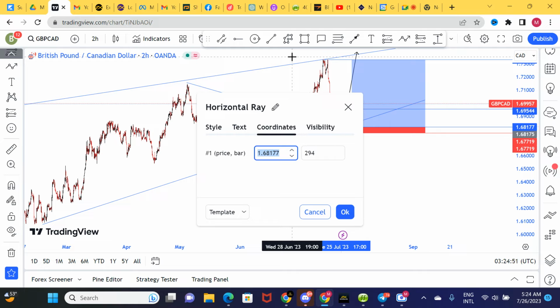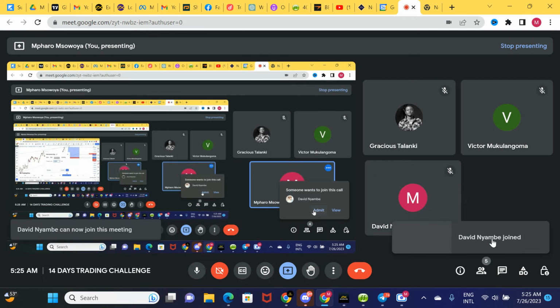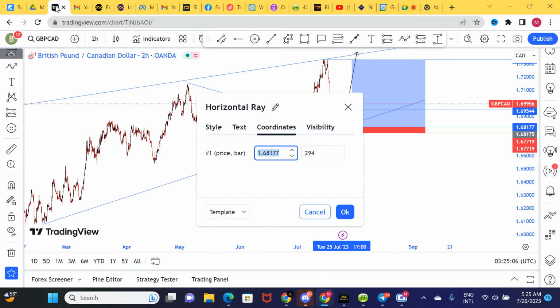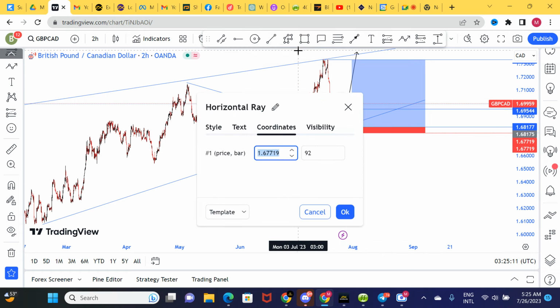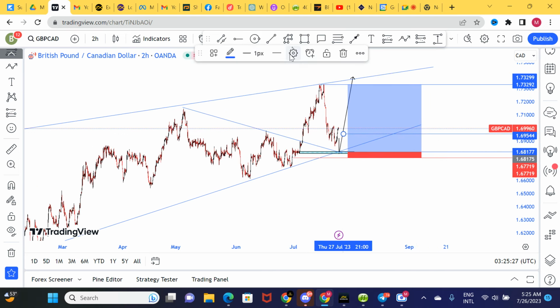Then our stop loss is going to be at 1.67719.